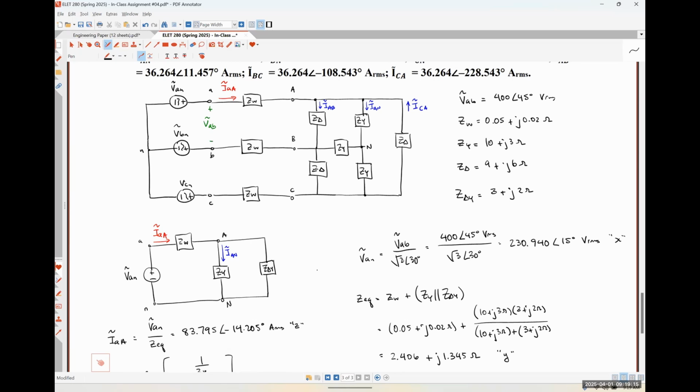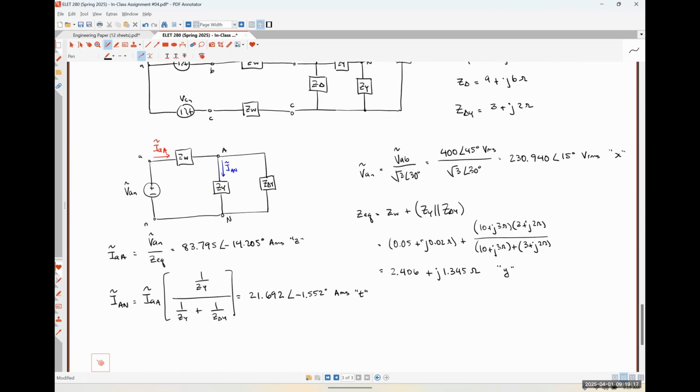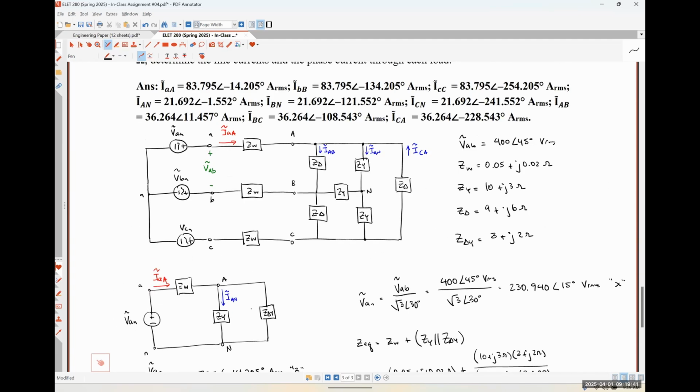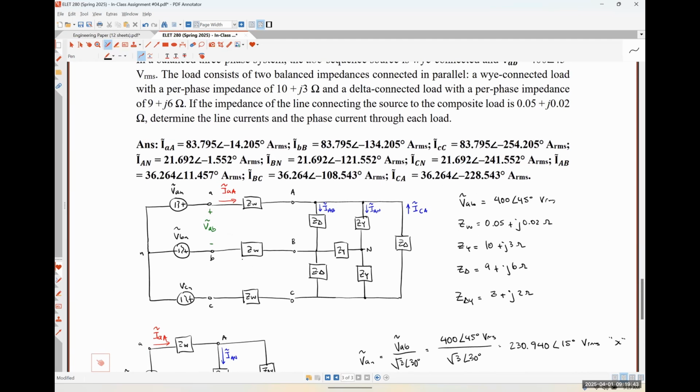For what it's worth, we could use the current IAN that we just solved for to get the voltage VAN, convert that into a line voltage, VAB, and then divide that voltage by Z delta to get the current that we're looking for. Or we could effectively perform KCL up at this node right here, like we did for method 2.